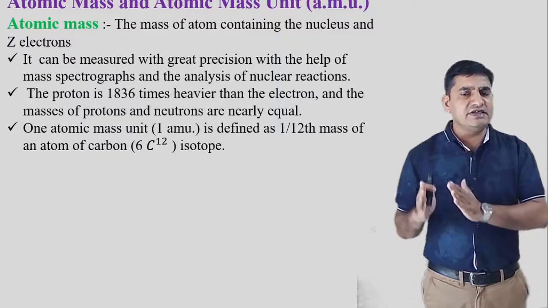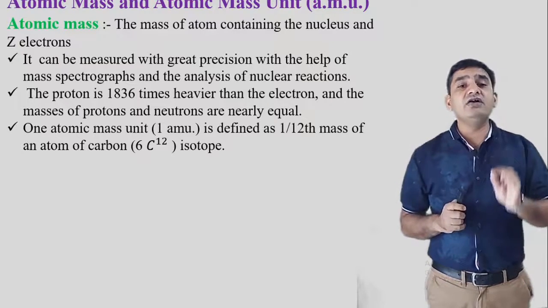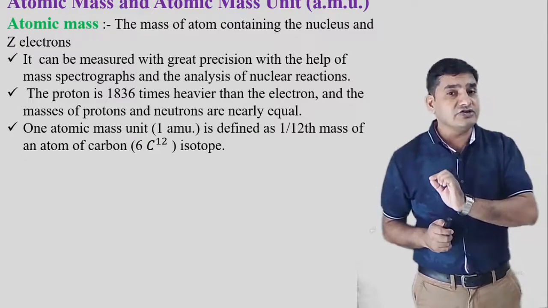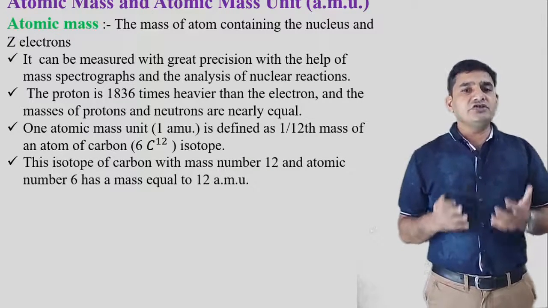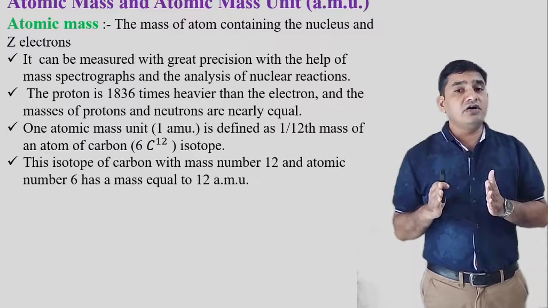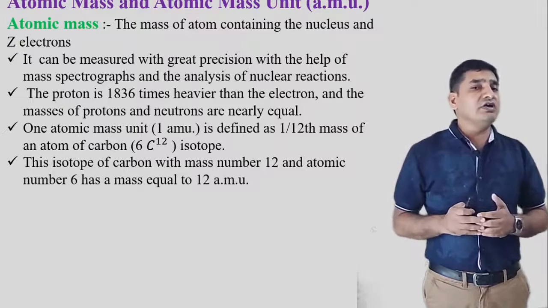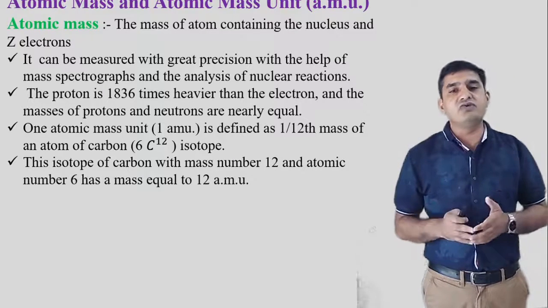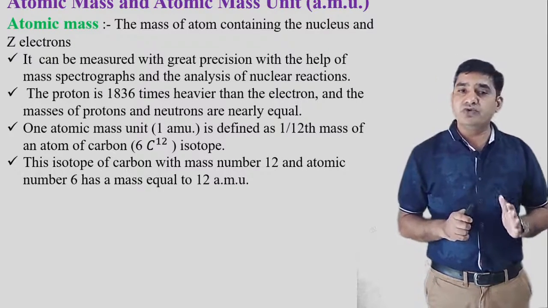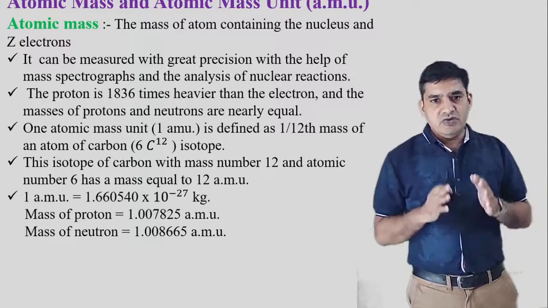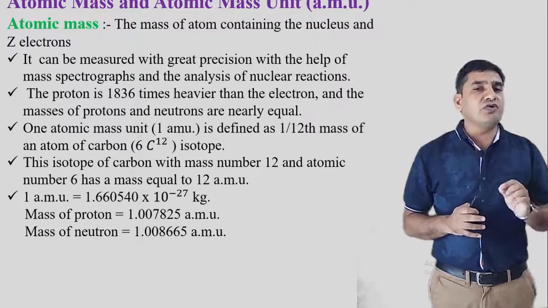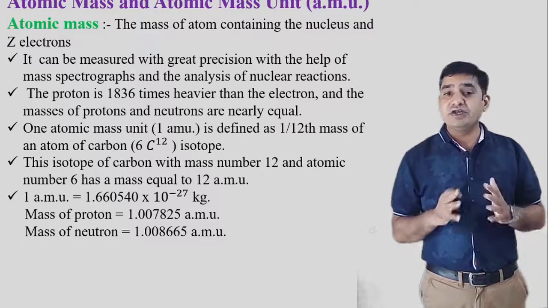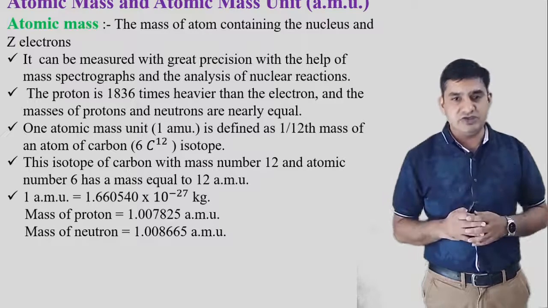The isotope of carbon has mass number 12 and atomic number 6, and we can say that the mass is equal to 12 AMU, that is atomic mass unit. One atomic mass unit is equal to 1.660 into 10 raised to minus 27 kg.